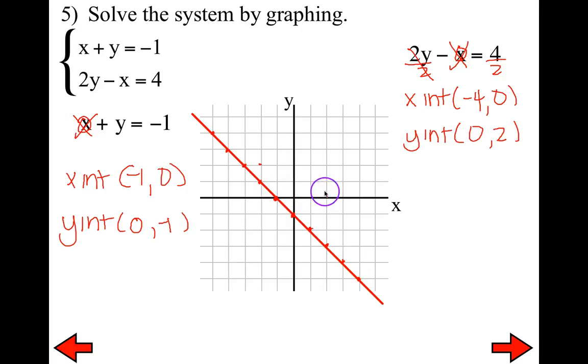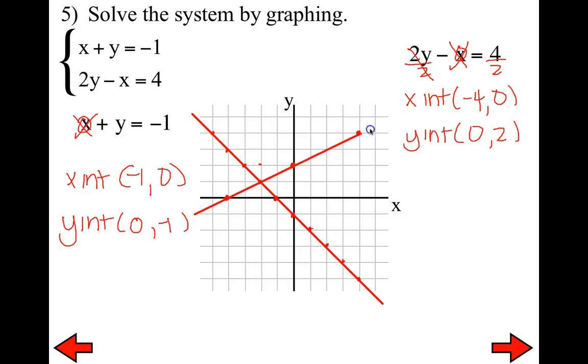So here, my x-intercept occurs at -4, so 1, 2, 3, 4. And my y-intercept occurs at 0, 2. Okay, I could continue this on 2, 4, 2, 4. The more points, again, the more accurate your line will be. And then simply draw in your line. I didn't draw it very well.